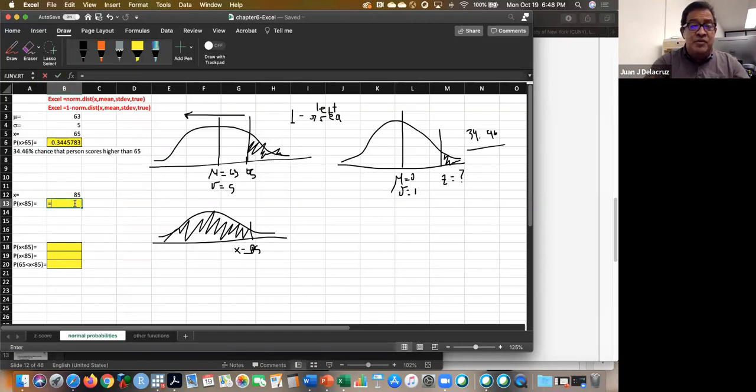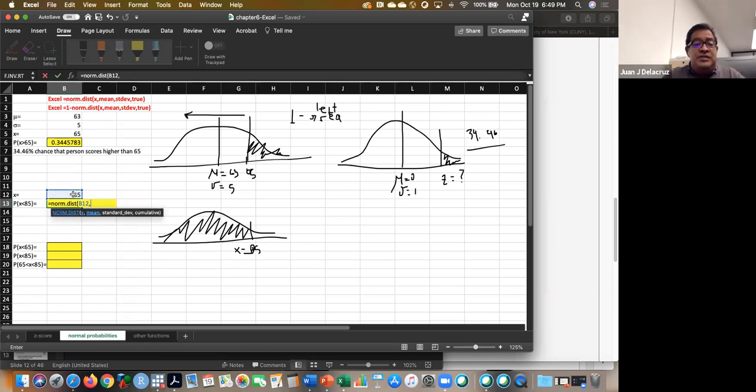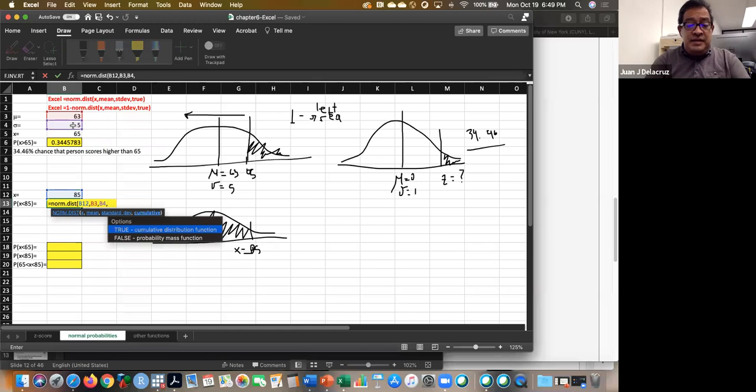In this case, I'm going to use the NORM.DIST that is asking me for the random variable, which is going to be 85. The mean is going to be 63. The standard deviation is going to be 5. And remember, it's true because I want the cumulative area, right?